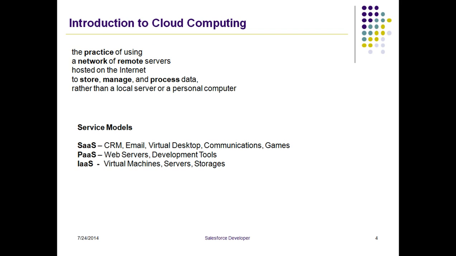So which means if you are using a cloud-based server, the biggest advantage that you have is that it is accessible through the internet. Whereas if you talk about a local server, that local server is accessible through LAN, local area network. Okay.